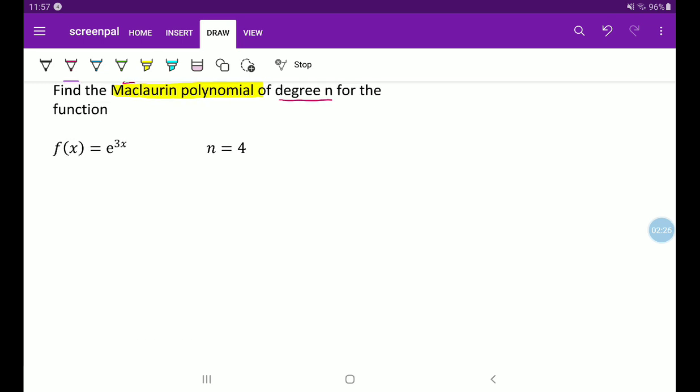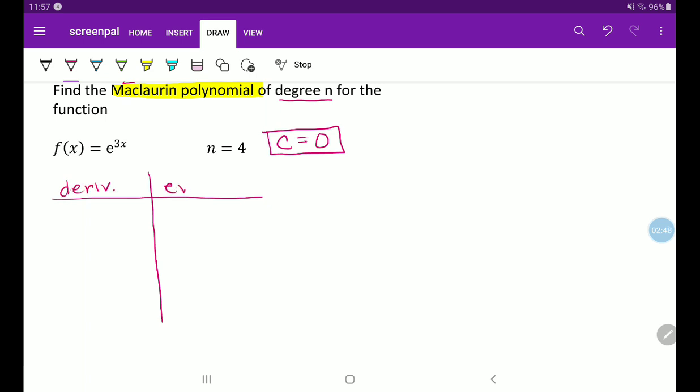Remember, we are going to evaluate this at 0 because it's a Maclaurin. So I like to give myself a little table over here so I have some room. So here I'm going to take the derivative, and then I'm going to evaluate that derivative at x equals 0.